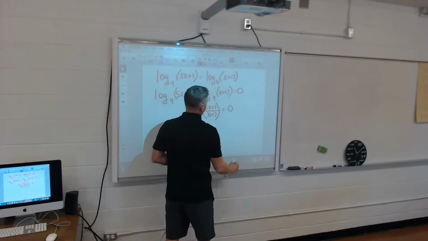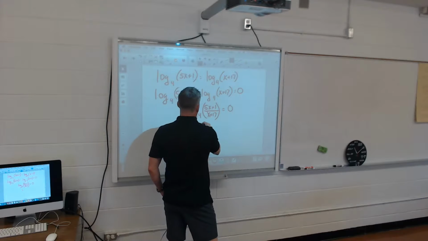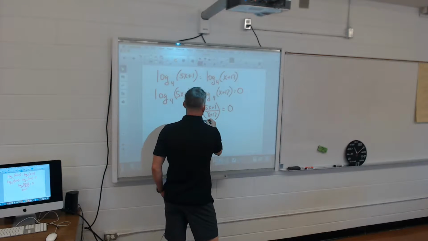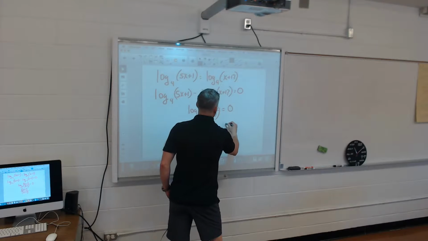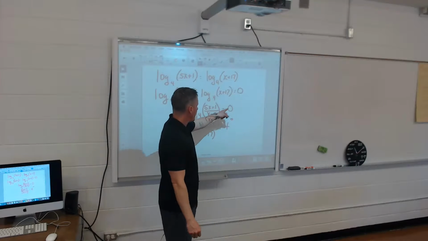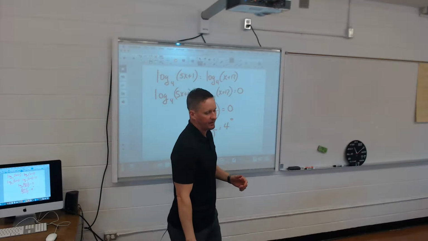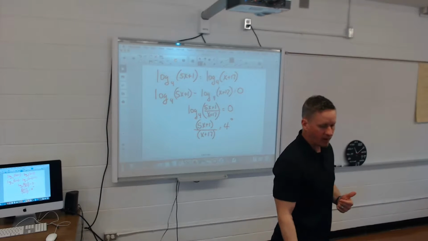And then I would change it to an exponential function. So I have 5x plus 1 over x plus 17 is equal to 4 to the power of 0. That's equal to 1. Then I would multiply and I would get back to what I did before.